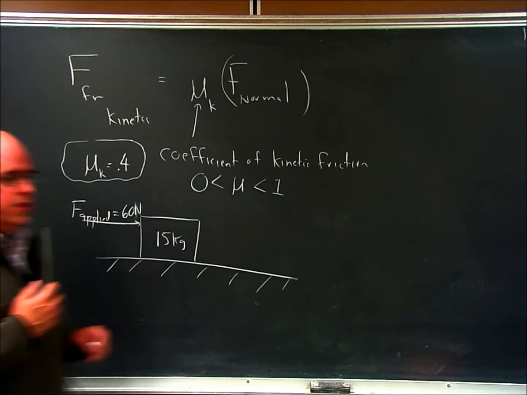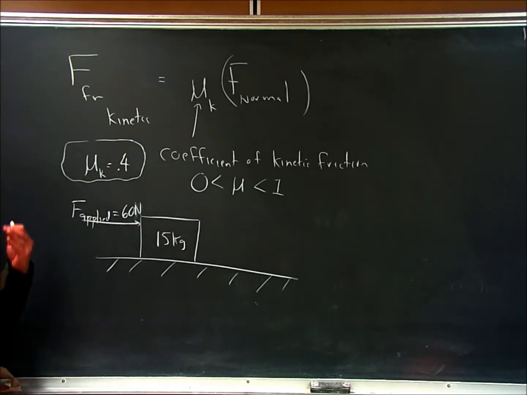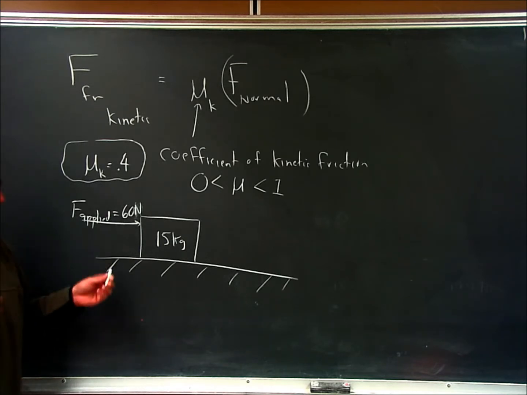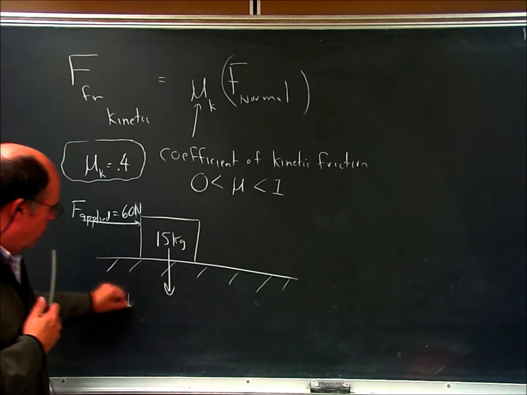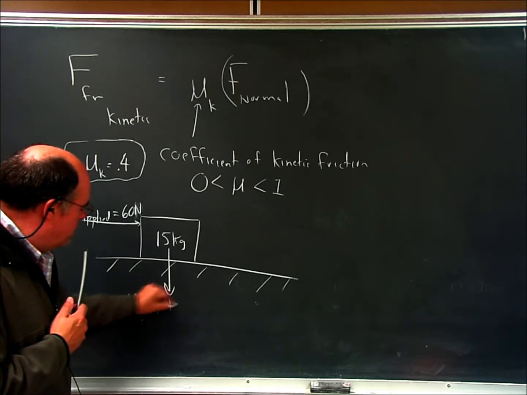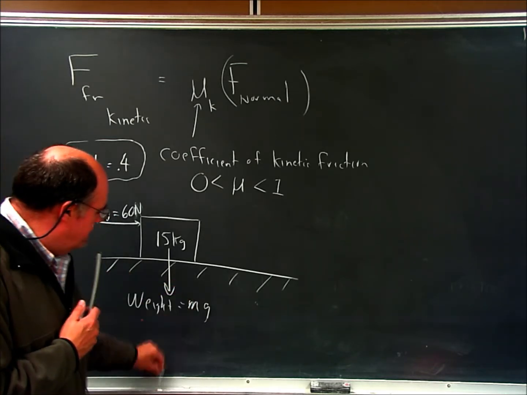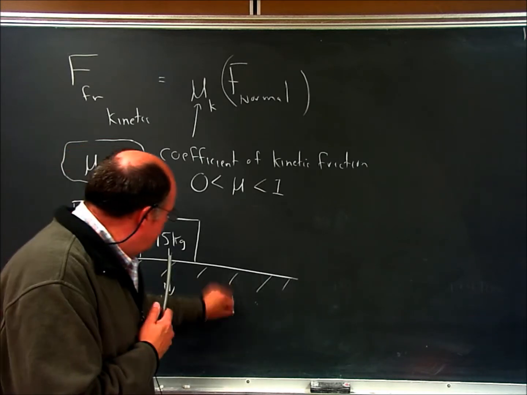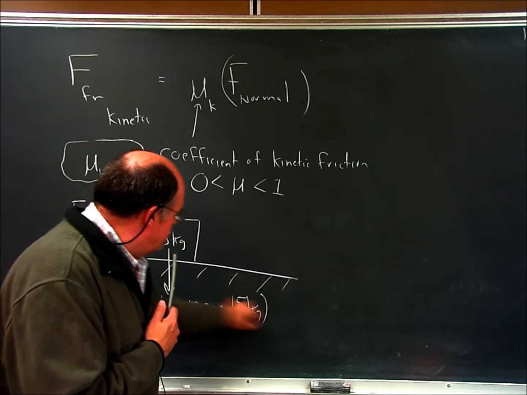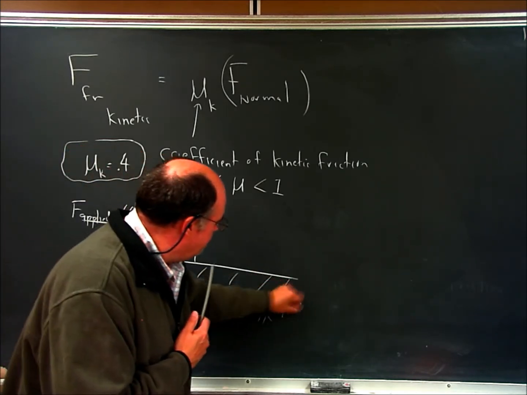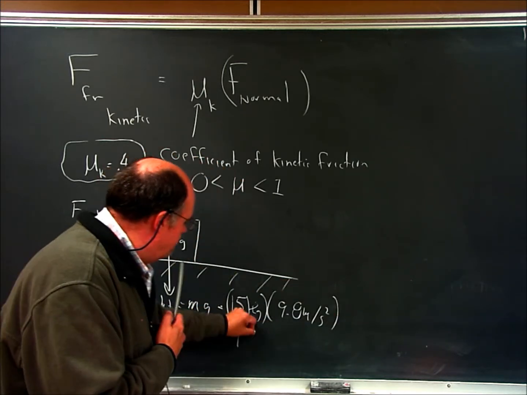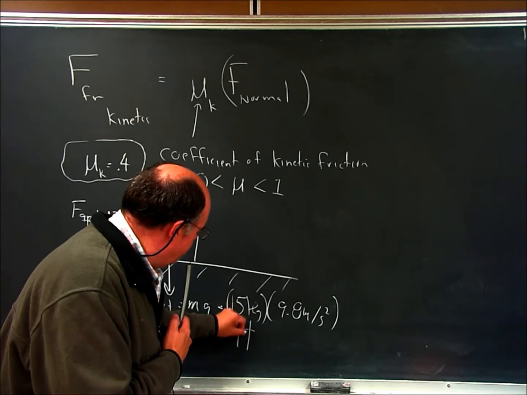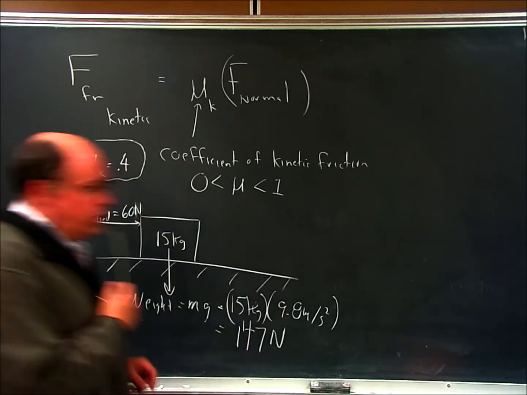I would use my understanding of all the different forces and go around. We have the weight, and the weight would be mass times gravity. So in this case, it would be 15 kilograms times 9.8, and that would come out to be 147 newtons. So that's the weight.